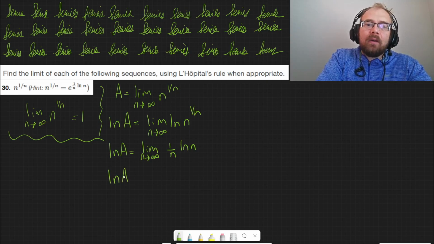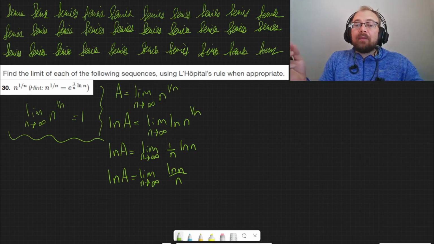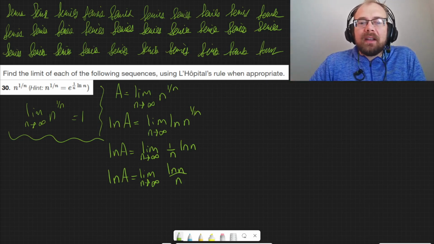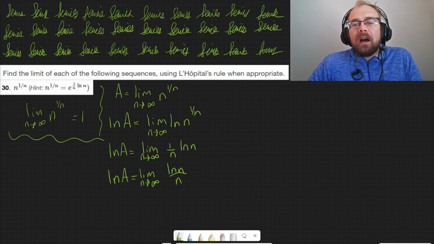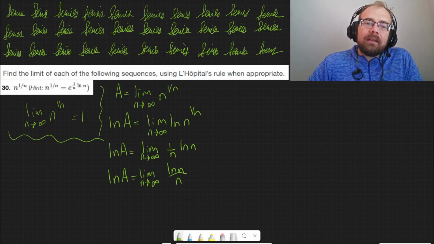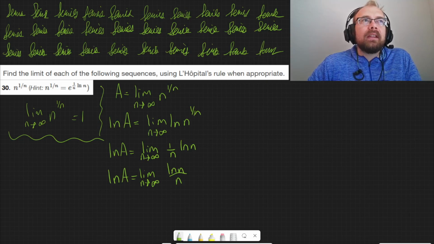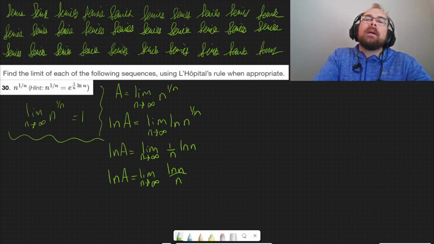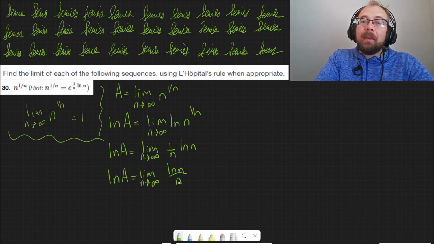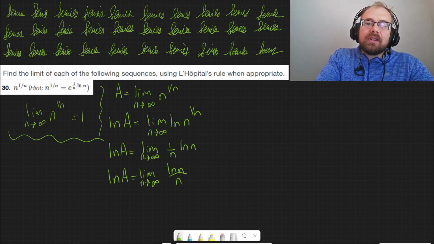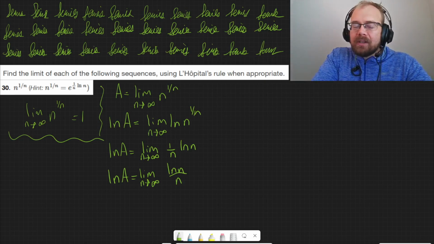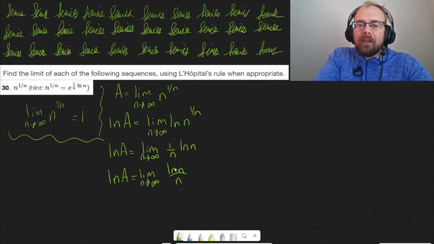And now I can write it as a fraction. It's the ln of n over n. It's now a fraction, and the limit as n goes to infinity of ln n over n. Oh, wait, is this? Oh, no, it's 0, but then it's e to the 0 power. Okay, never mind. So this particular limit would be 0. But just to show, in case your teacher is a little more picky on the work that they want to see, we could use L'Hopital's rule here.